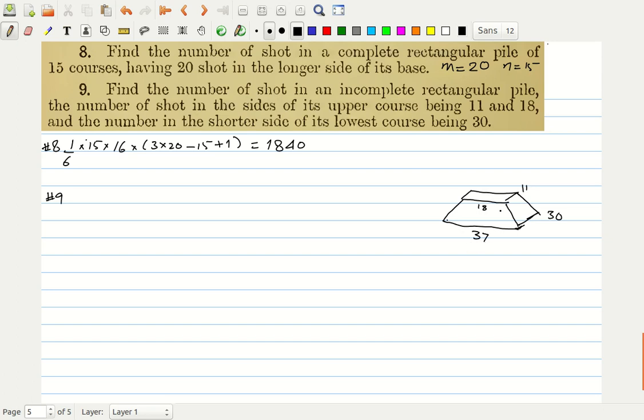So now we have to find what is the total number of balls in this arrangement. So let us consider what happens if we consider the complete pyramid.